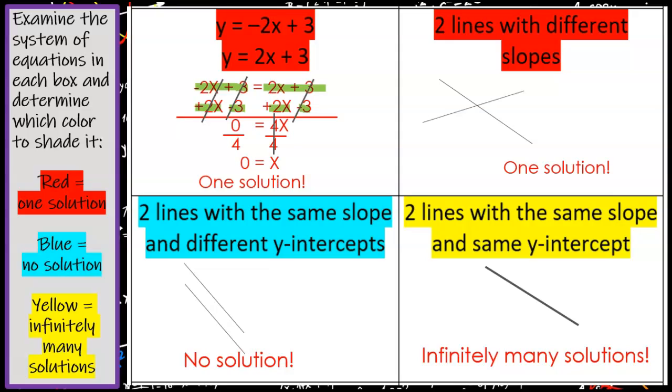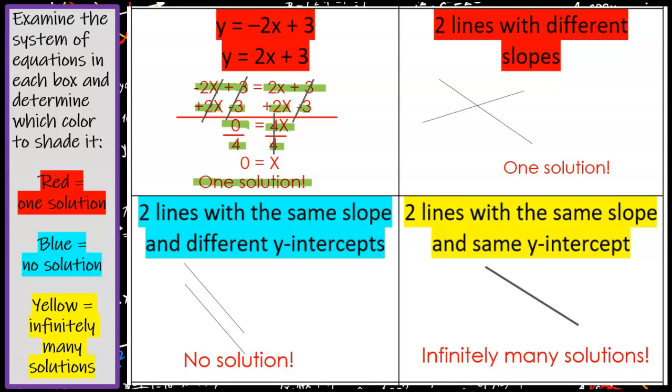So that cancels everything out over here on the left side. And 2x plus 2x is equal to 4x. So then we could divide by 4 on both sides. So x would be equal to 0, leaving us with just one solution. When we graphed these two lines on a graph, we would have two lines that intersect in one place. So we would have one solution.